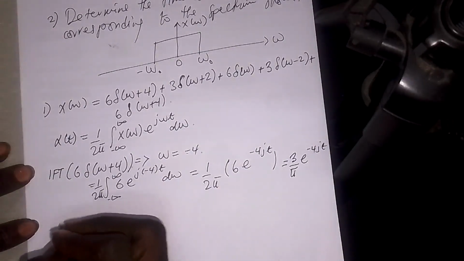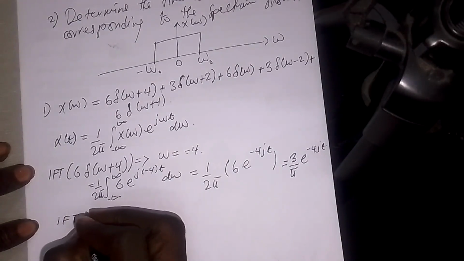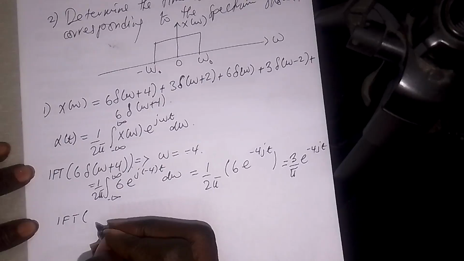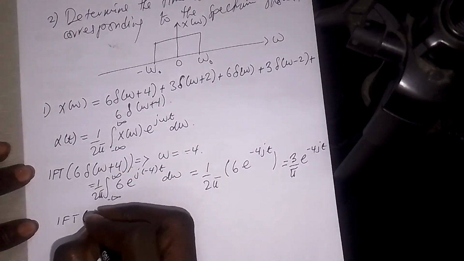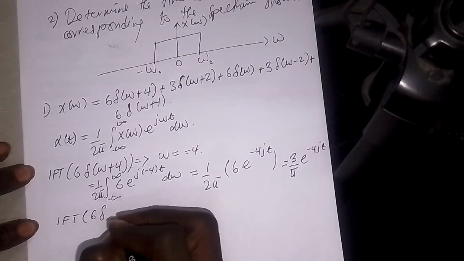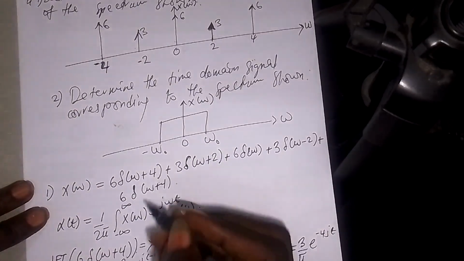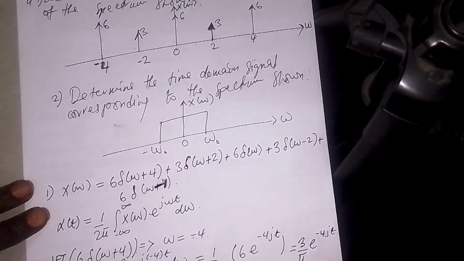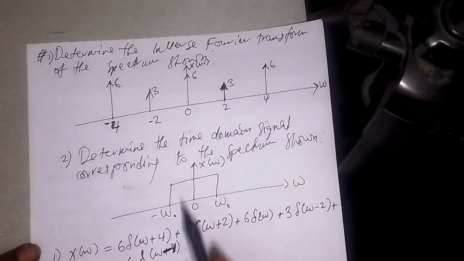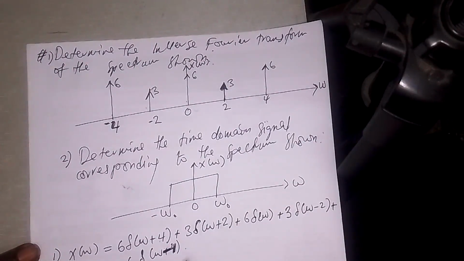If I take the inverse Fourier transform for another one, 6 into delta, I made a mistake here. This one is supposed to be minus 4, because this place is plus 4 and this place is minus 4.